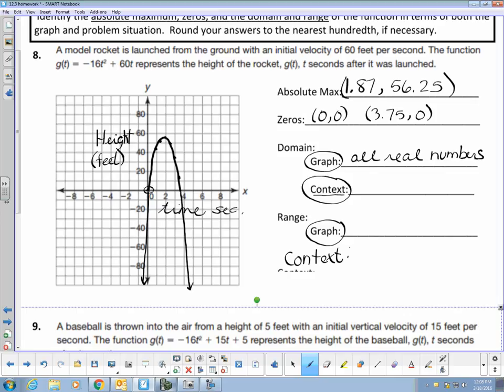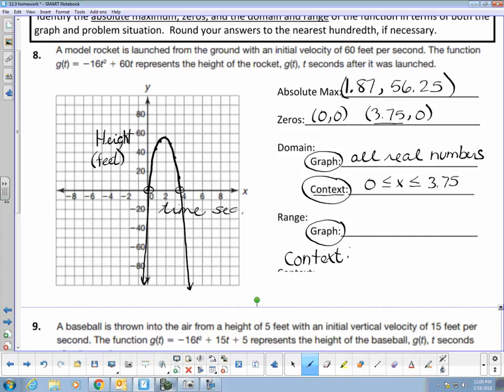So here's my beginning and here's my end. It begins at 0. It ends at 3.75 seconds. Remember my x-intercept or my 0 here. So my x values are anywhere between and including 0 and 3.75. So x is greater than or equal to 0 and x is less than or equal to 3.75.